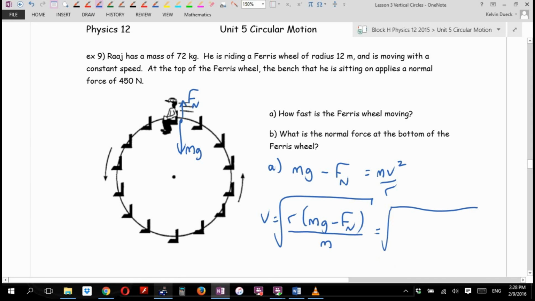The radius is 12, bracket, 72 times 9.8 minus 450, divided by 72.